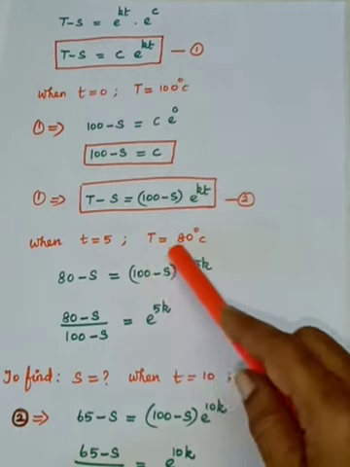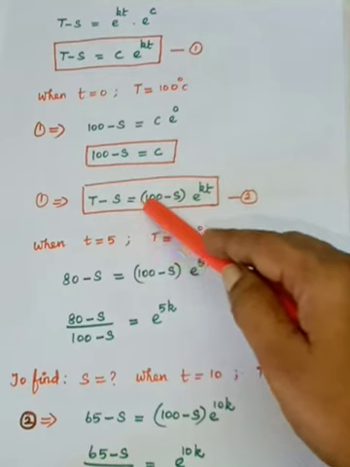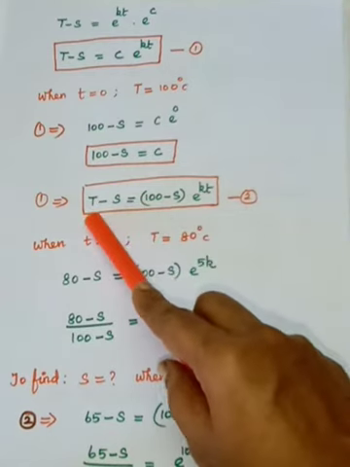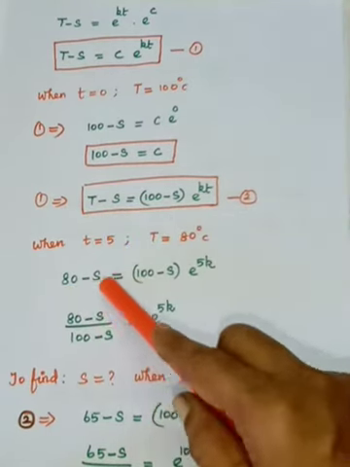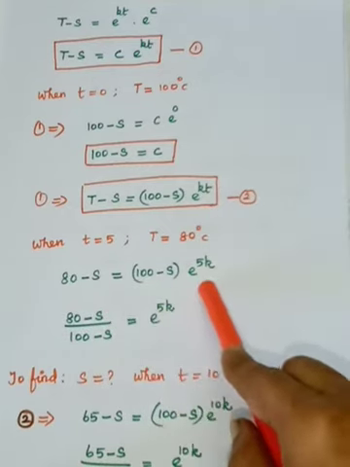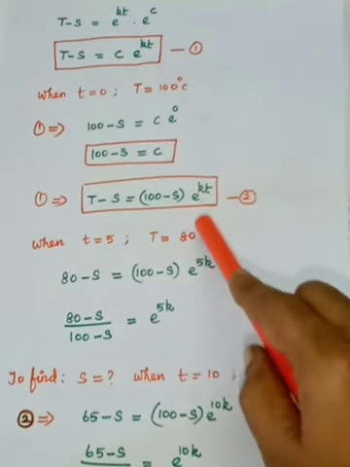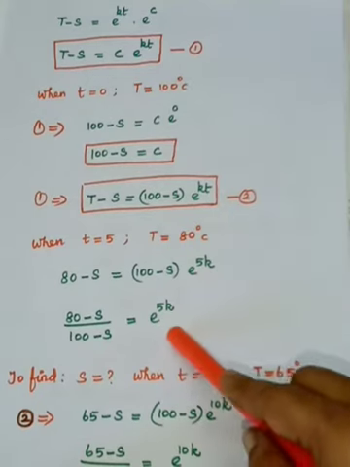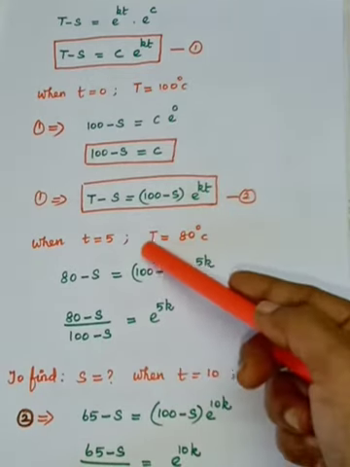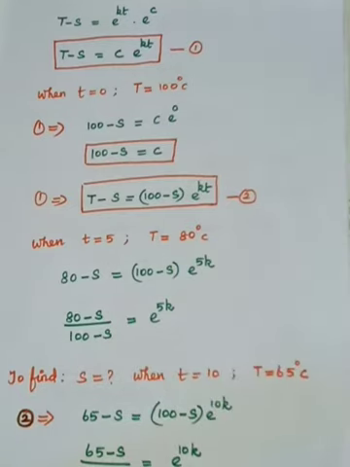So therefore capital T is equal to 80 degrees Celsius. So it has to be substituted in the second equation. So in the place of T, what you have to write? 80 minus S, we don't know, we have to find it, is equal to 100 minus S into e power, t is equal to 5. When you substitute t as 5, it is e power 5k. From that you just find e power 5k. This 100 minus S has to be brought to the left side in the denominator. So we have applied the given condition and we have written e power 5k.